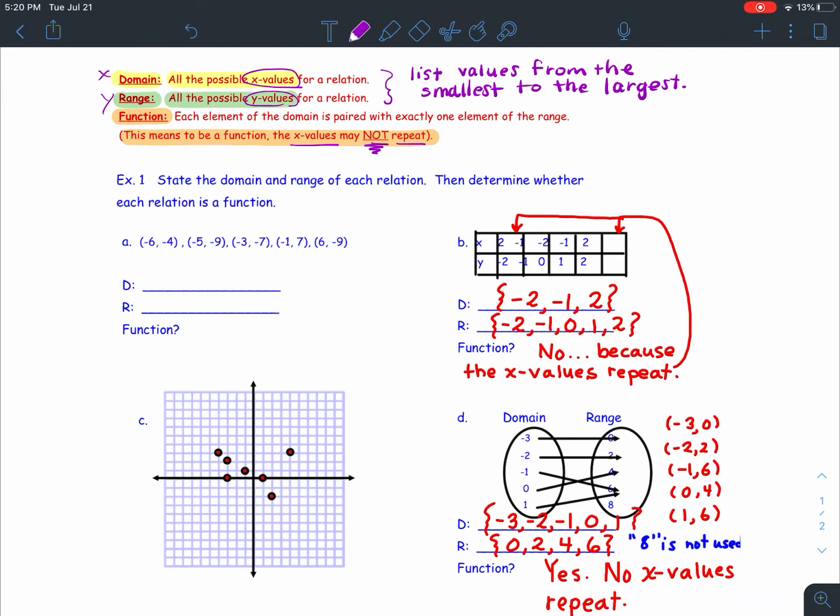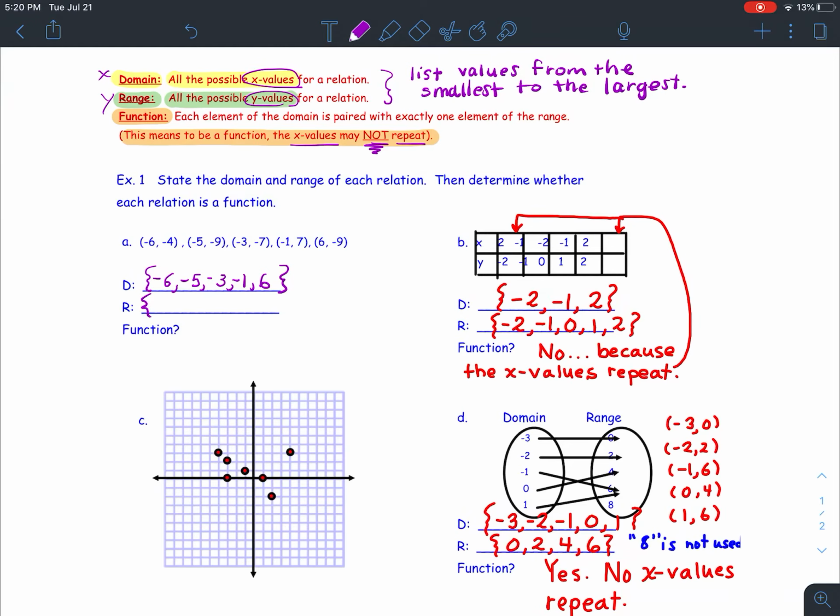The proper way to list the domain is to put a capital D followed by a colon, which I already have for you here, and then you're going to list in between braces the smallest x value with commas in between leading up to the largest x value. So if you were to look at these points and only examine the x values alone, and this is simply a coincidence that these are presented already in order from least to greatest, this is what we would come up with for our domain.